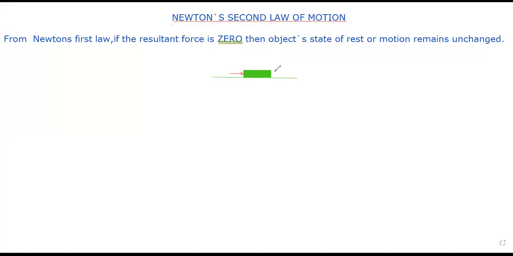And that applied force, if this surface has friction, must be more than the frictional force. If the applied force is equal to the friction, therefore, the object will remain at rest.